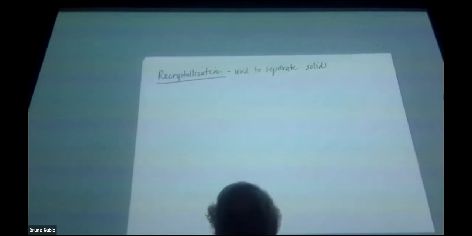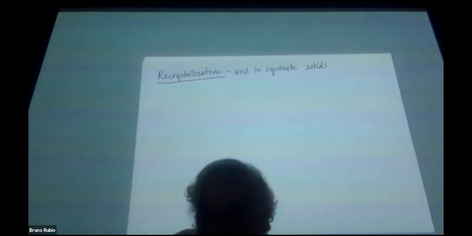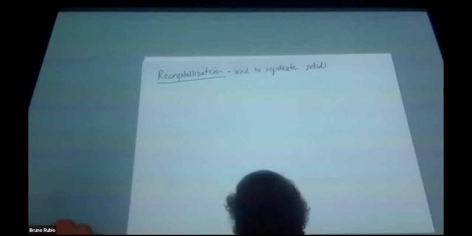So you run a reaction and, like we said before, you mix A and B together, you get C, but you also get D, E, F, and all kinds of other impurities that are left behind. And let's say that what you want to do is separate the solid. So this is what recrystallization is used for.